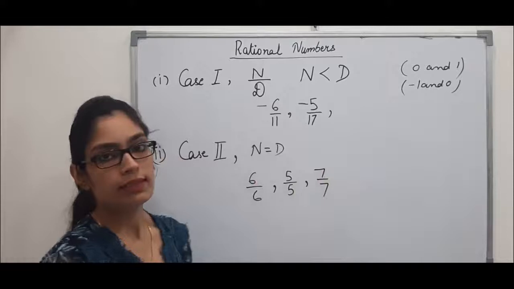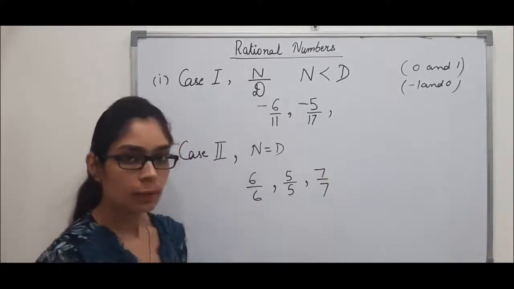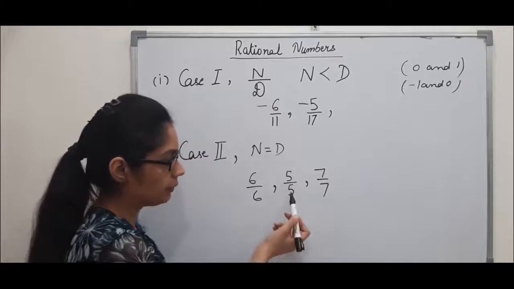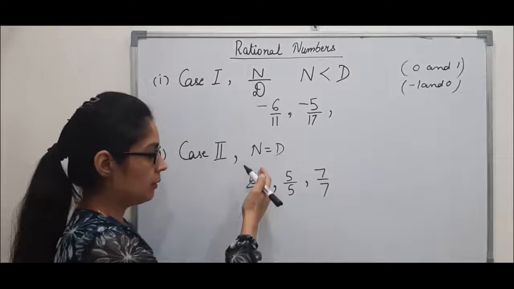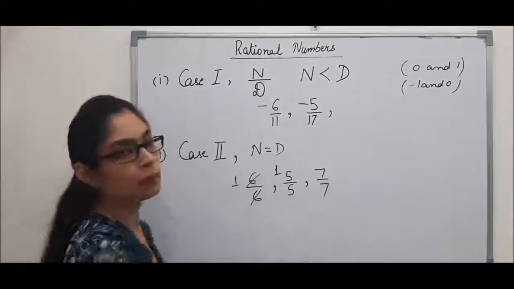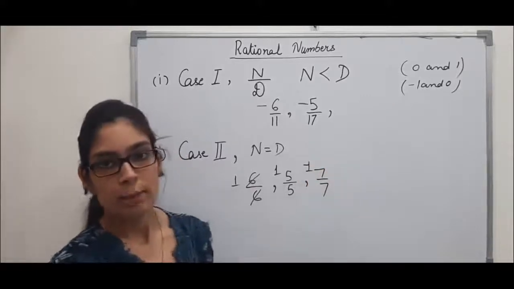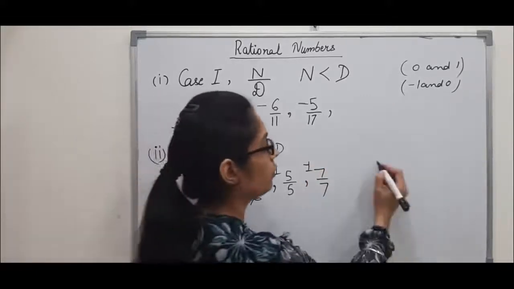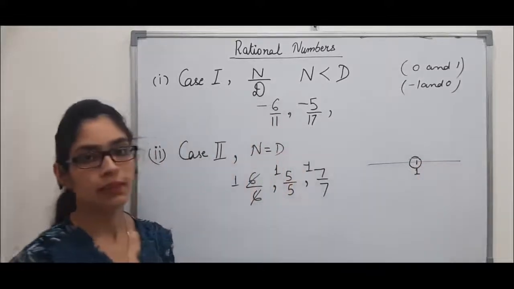In all the given examples, you can see the numerator is equal to the denominator. If we do cancellation, 6 by 6 will give 1, 5 by 5 again gives 1, 7 by 7 again gives 1. So if your rational number is positive, it is simply 1, and I can express it on a number line.